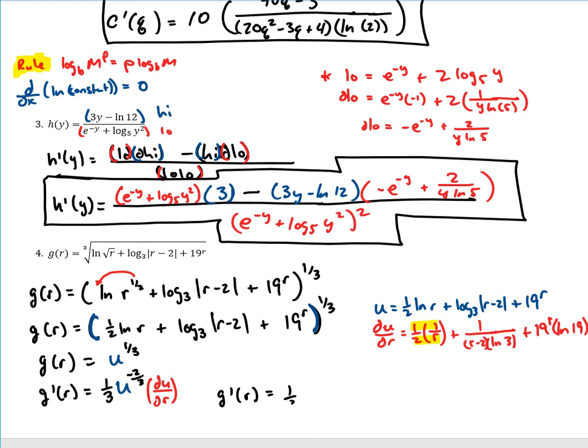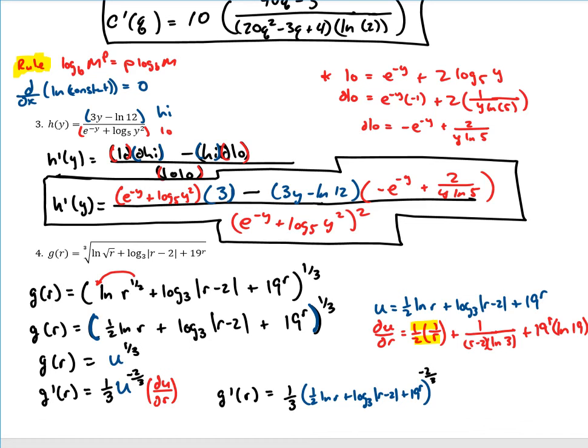G prime of r is 1/3 the u. So all of that u that we said before. So it's 1/2 natural log of r plus log base 3 of r minus 2 plus 19 to the r to the negative 2/3. There we go.